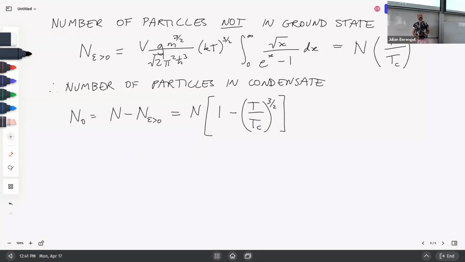In other words, I'm getting the proportion of the number of particles which are in a particular state.